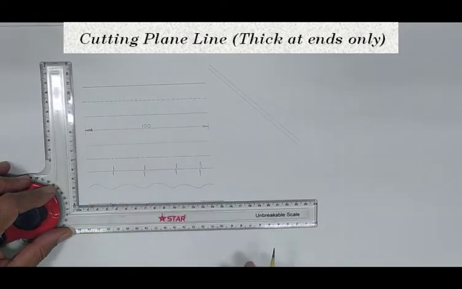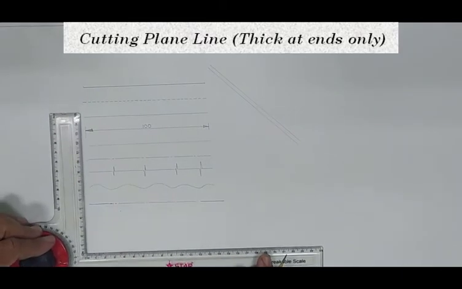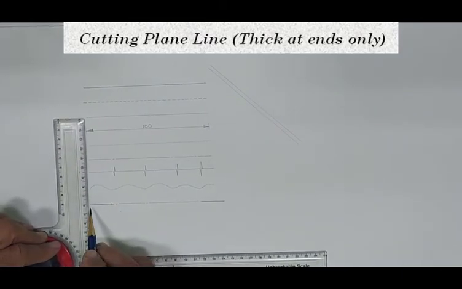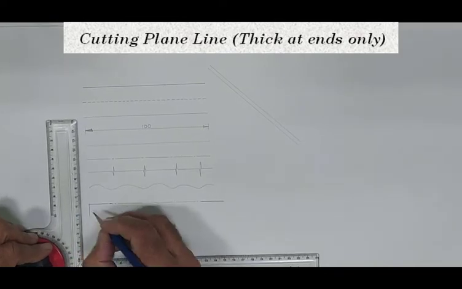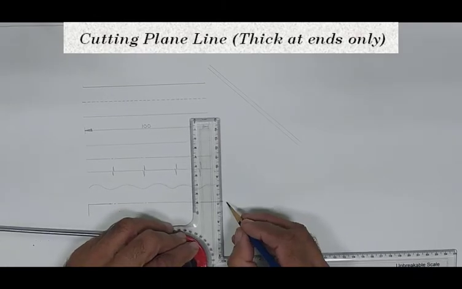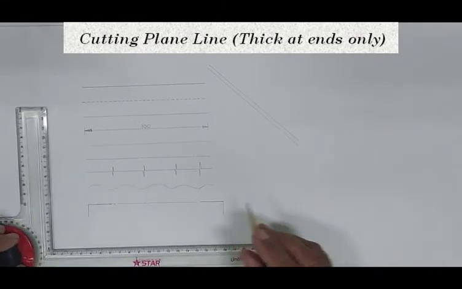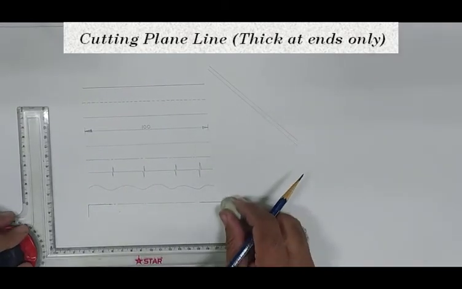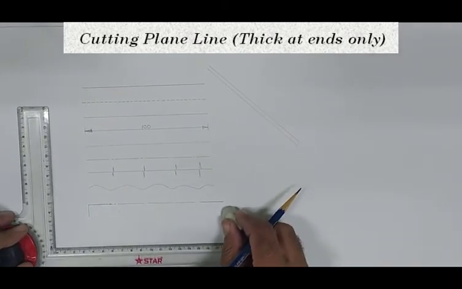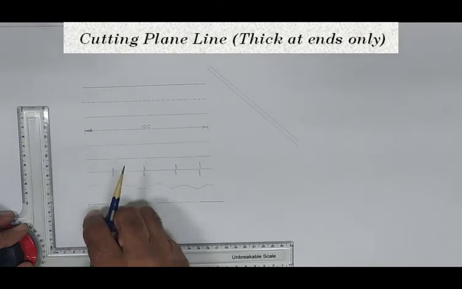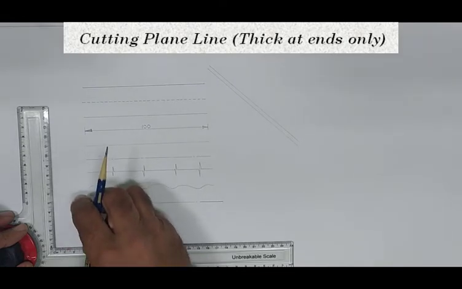When we have to show the internal details of any object, sometimes there may be arrows. We put the arrows here, so that these arrows indicate the direction of observation of the view. But here it doesn't require. So this is the symbol for cutting plane line.